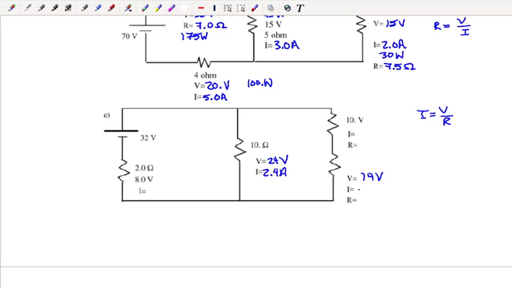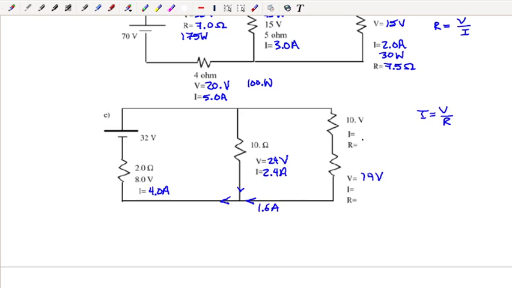I don't have two pieces of information here anywhere to be able to calculate the current here, but I do know that I have two pieces of information here to find the current. So voltage over resistance, this is going to be 4 amps. So I've got 4 amps coming out, and this is 2.4, so this must be the remaining. 4 minus 2.4 is 1.6.